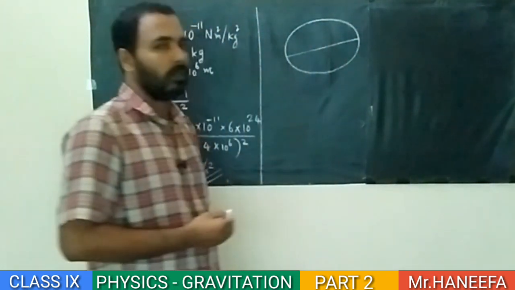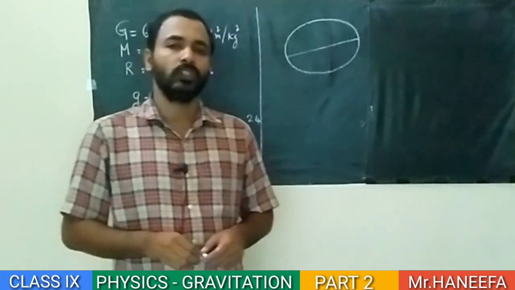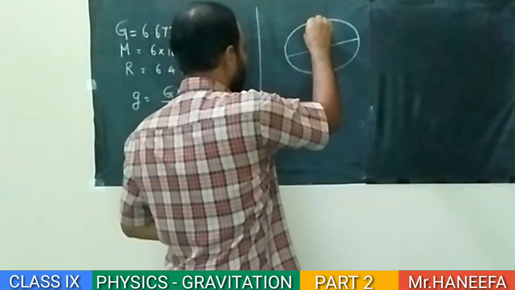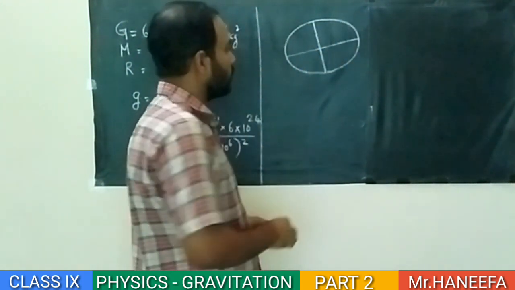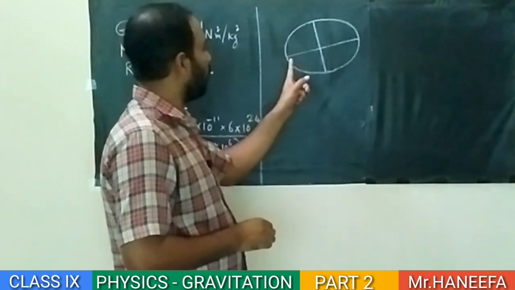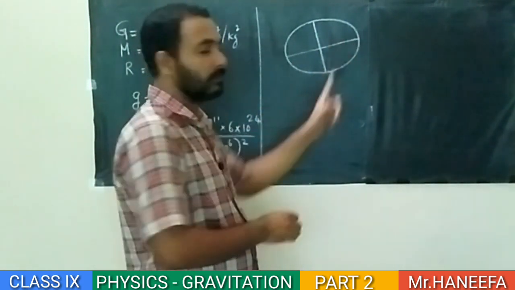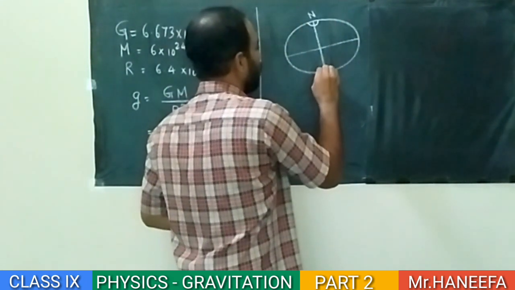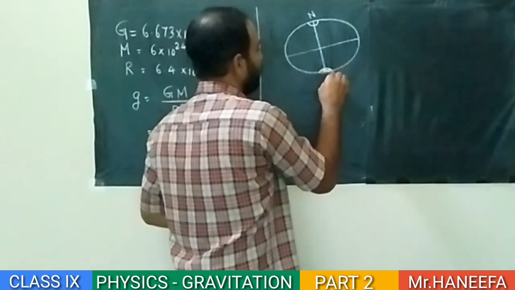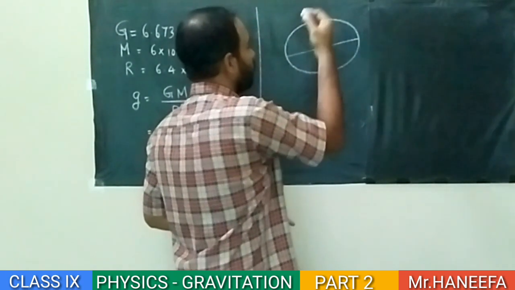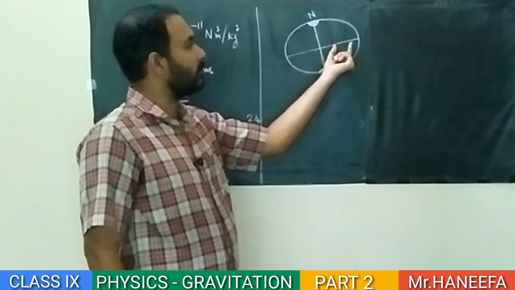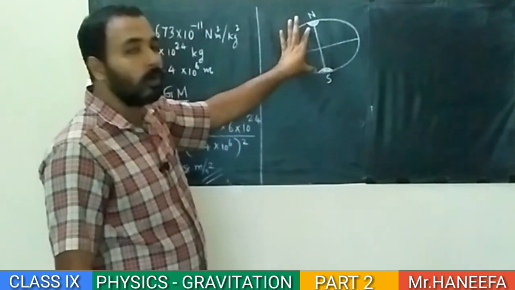This line is called equatorial line. This point is called pole, north pole and south pole.